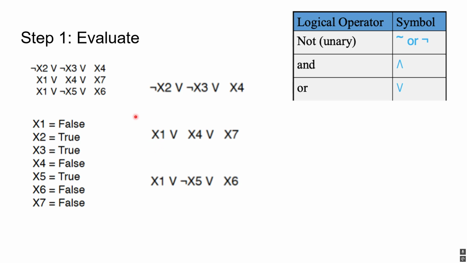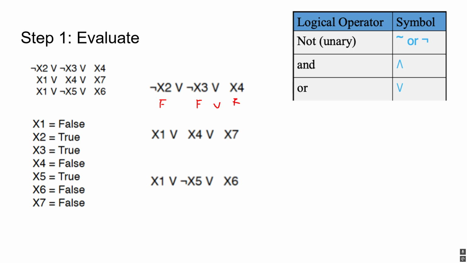So first is going to be not x2 or not x3 or x4. As we can see, not x2 is going to be false because that's a double negative, or that is just a true turning to a negative, or x3 is going to be false again, and x4 is going to be false.